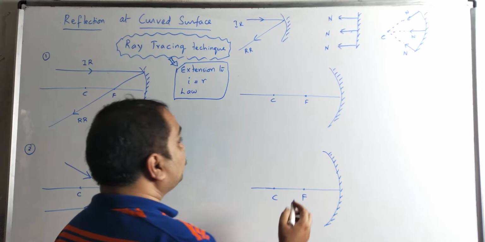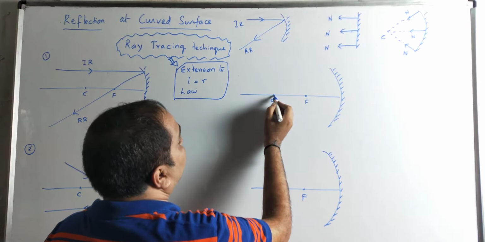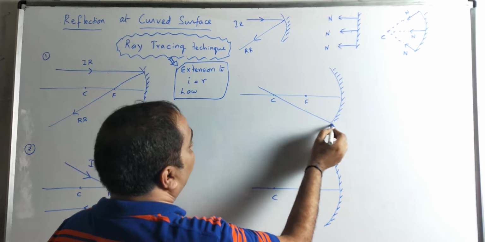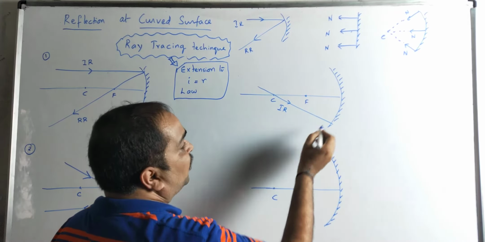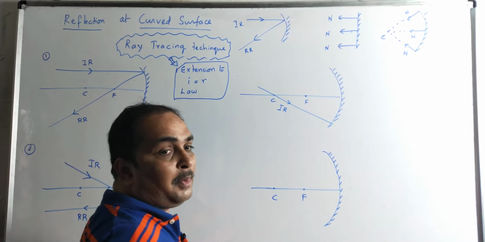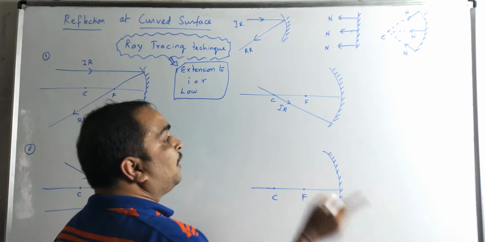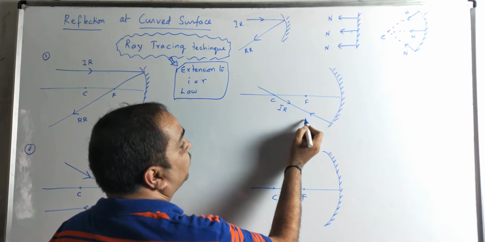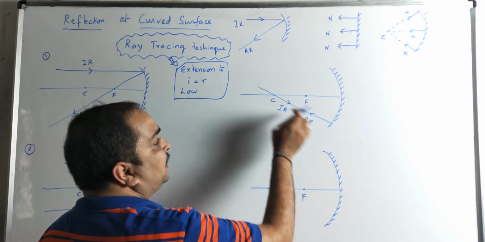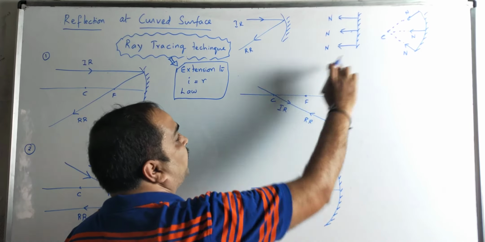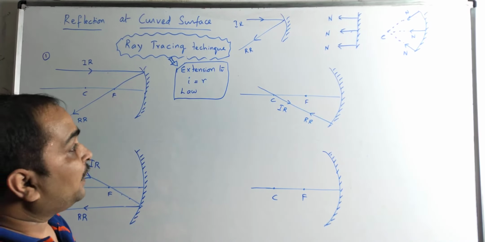Next is, if at all a ray goes through center of curvature, this is the incident ray, what happens to it? Because it's passing normally, you know what happens in normal reflection. If a light ray is passing through normal, it will come back in the same direction. So this is the reflected ray. So ray goes straight, hits the mirror and comes back. Not only this line, any other line you can pass through center of curvature, that comes back. That will retrace its path.